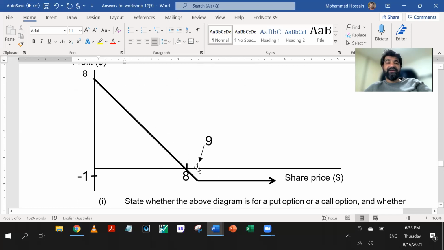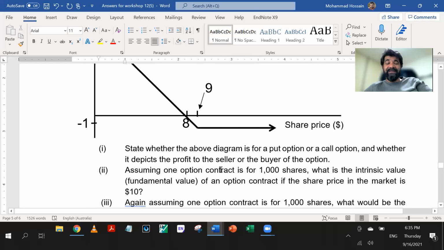You can see the $9: you can sell it at $9 when the price goes to, let's say, 8, you can sell it at 9 and make a profit out of it. How much would be the intrinsic value at that time?